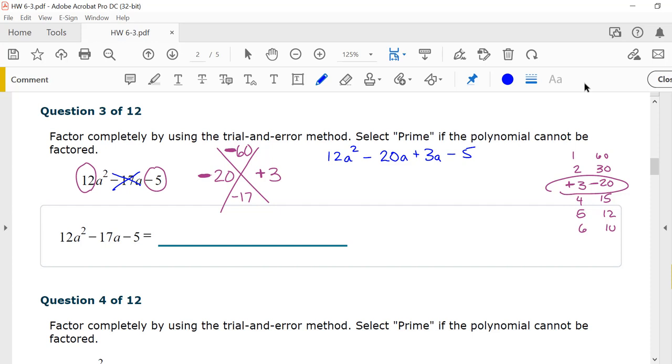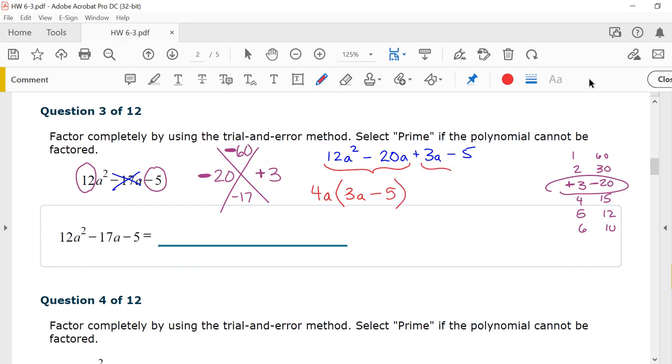Instead of writing negative 17a, I did negative 20a plus 3a. Now I'm going to factor by grouping. If I group these first two terms together, what's my GCF? I see that I can pull out a 4 and an a. If I pull out a 4a, I would be left with 3a minus 5.